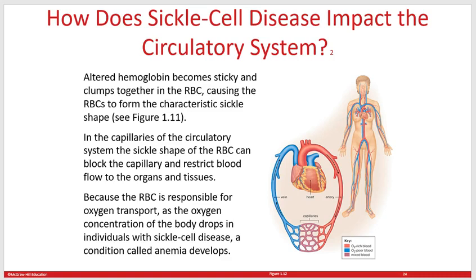And in the capillaries, these little small vessels here, those red blood cells can block capillaries and restrict blood flow to organs and tissues. If you've ever laid on your arm, put your head down on a desk and then woken up and your arm feels numb, you can have that feeling.